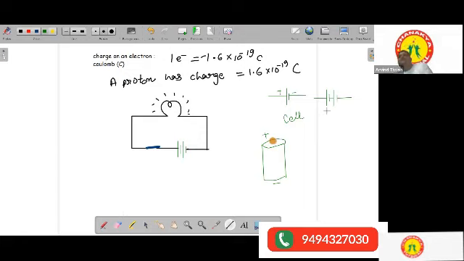We see here that these are the two cells which are joined together. If we try to join them physically, they are joined something like this.